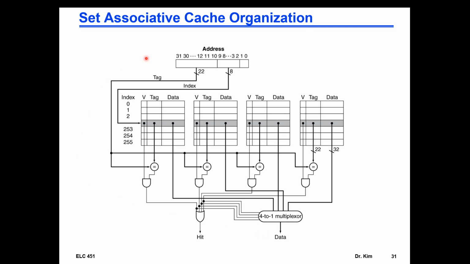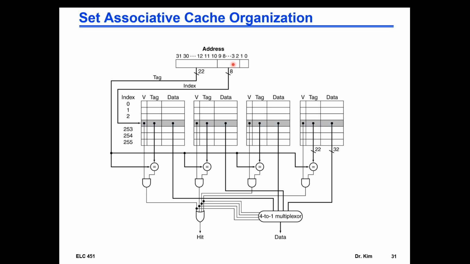So this is a very good diagram of a set associative cache. If we were talking about the same size of storage and we were going to draw a direct map, these 4 sets would come down here. So instead of 256, I would have 1024, and that would be a direct map, same storage.